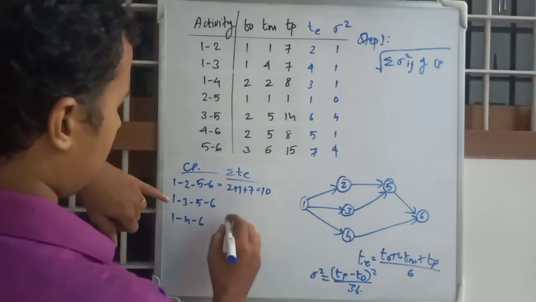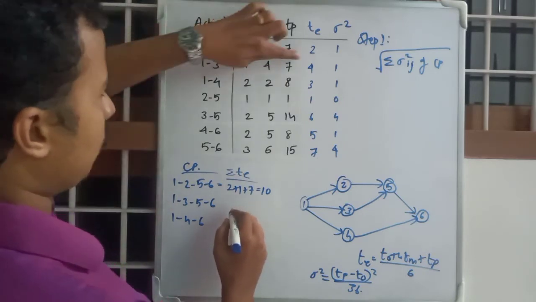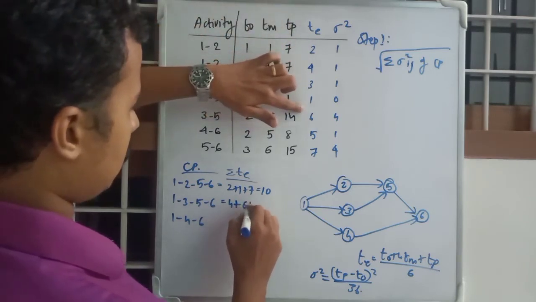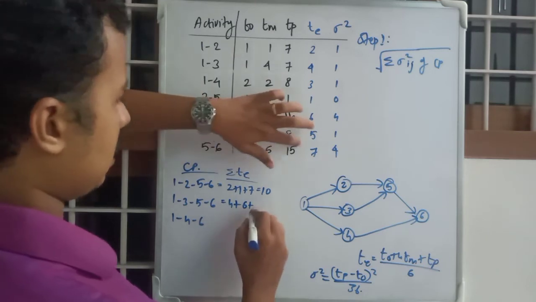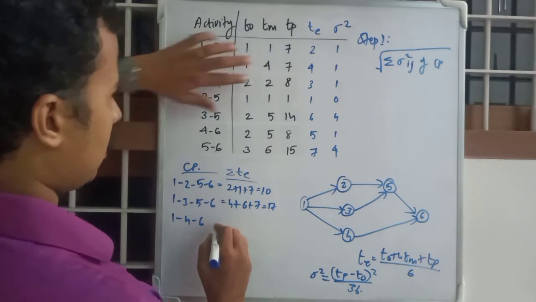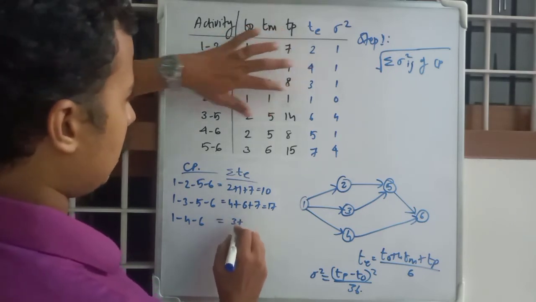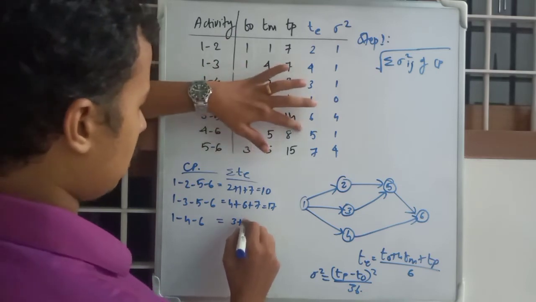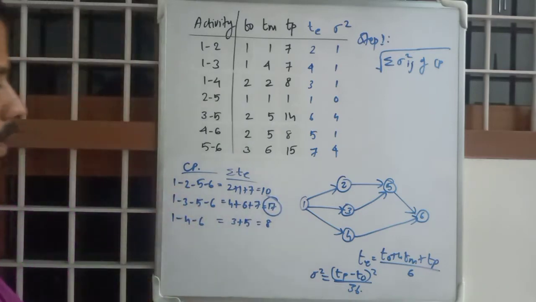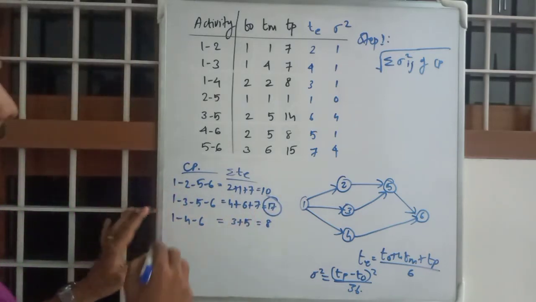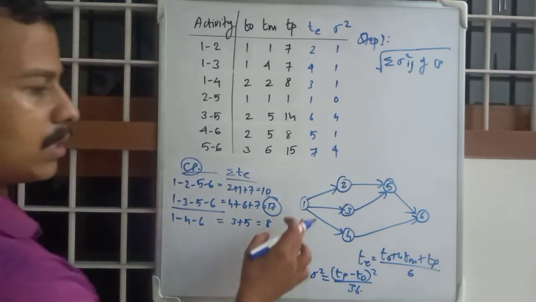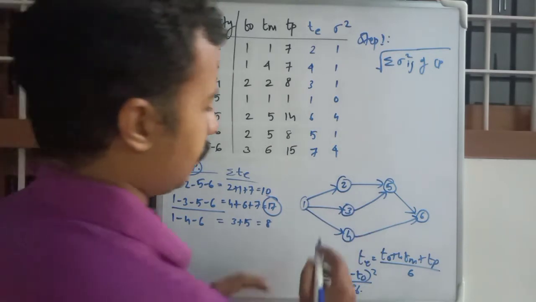For 1 3 5 6, it is 4 plus 6 plus 7, that is 17. And 1 4 6 is 3 plus 5, that is 8. As you know, 17 is the biggest value, hence 1 3 5 6 is the critical path. This is the prioritized path.